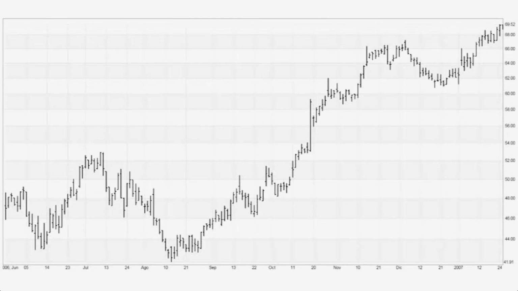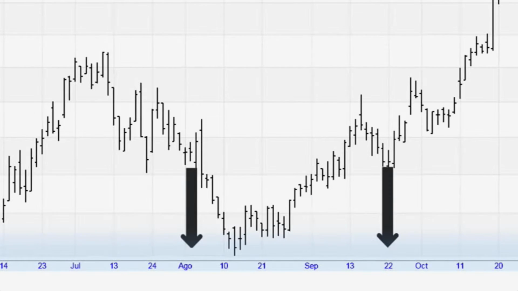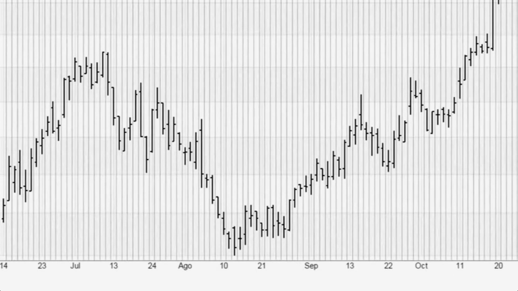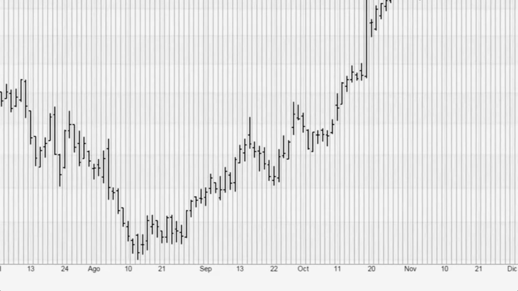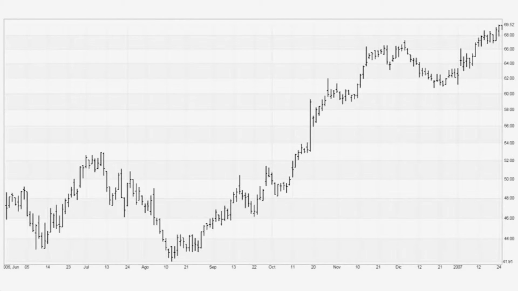The horizontal axis of the chart is divided into constant units of time. In this one, for example, we can see that each mark corresponds to 1 day. Therefore, this is a daily chart. If each mark represented an hour, it would be an hourly chart.